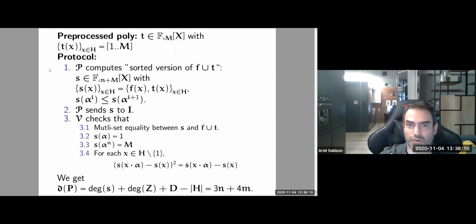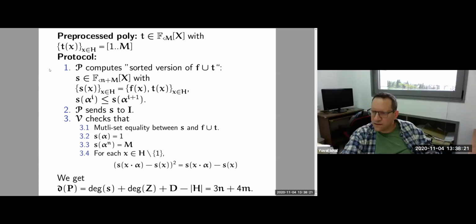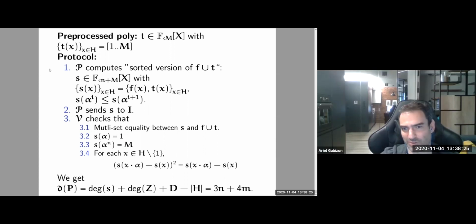Well, right. So you can decompose your elements to bits. And then now your range is in a sense just 0, 1. Yeah, but it's a trade-off.